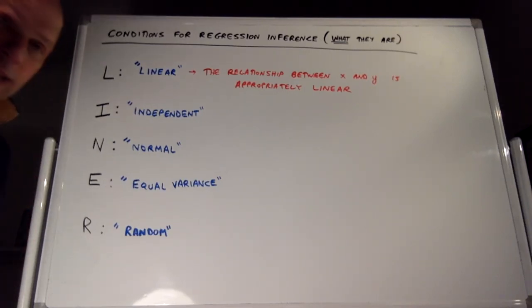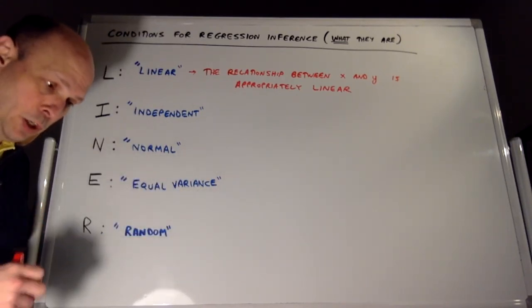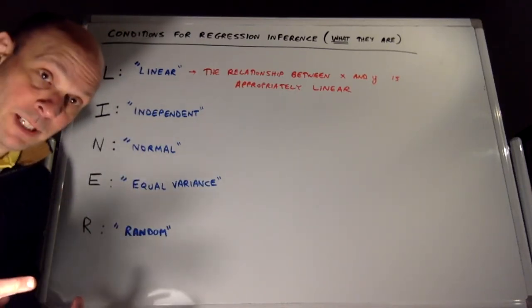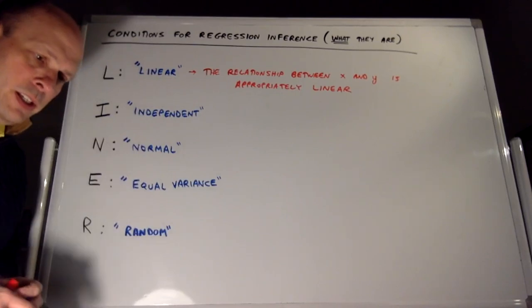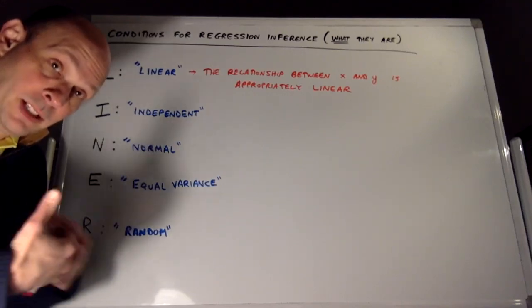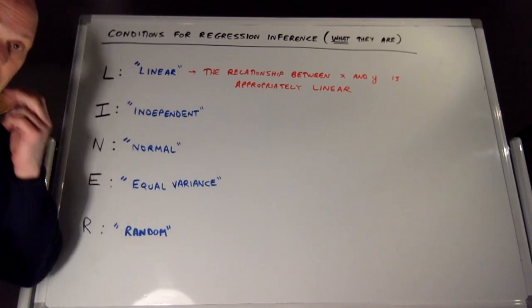Now in this course, independence is confusing because we use it in two different reference frames. One of them is when we're taking two samples and we want those samples to be independent. The other one is, we take a sample and we want the observations within that sample to be independent of one another, right? And that's the type of independence we're talking about here.